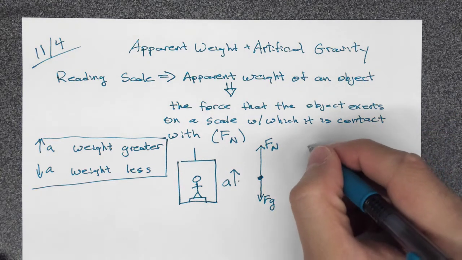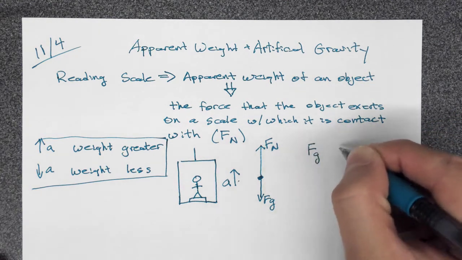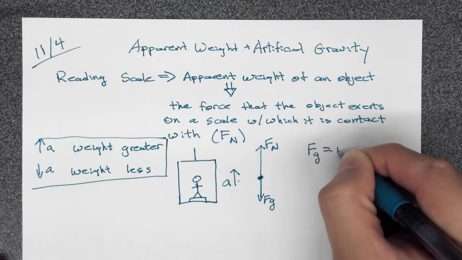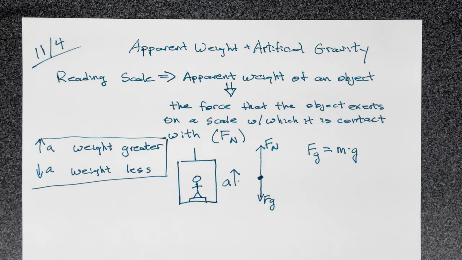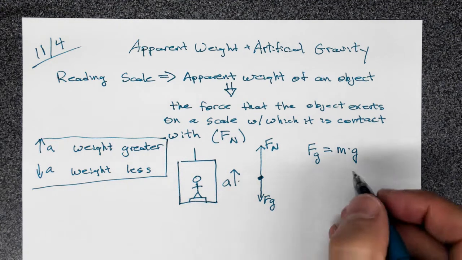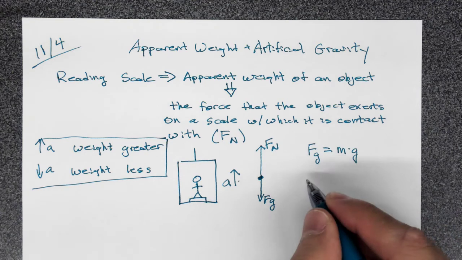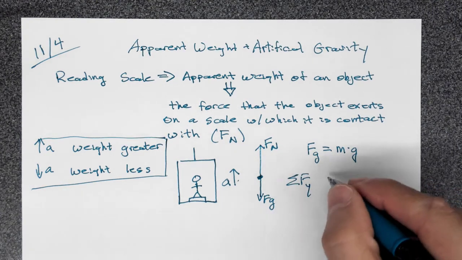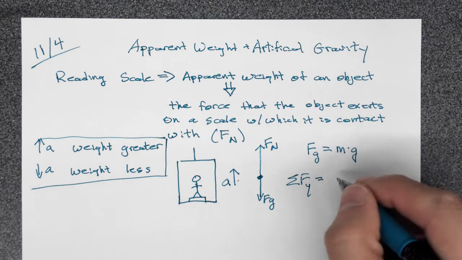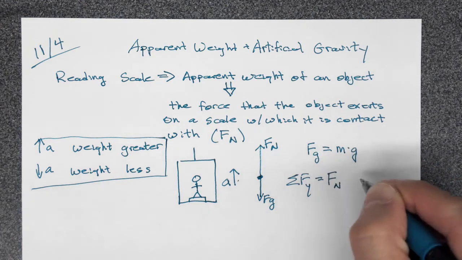We know in general the equation for the force of gravity is the mass times the acceleration due to gravity. If we were to do a net force problem of this, we really don't have any net force in the x direction, so the net force in the y direction is all we need. And we know that the net force in the y direction is the normal force minus the force of gravity.